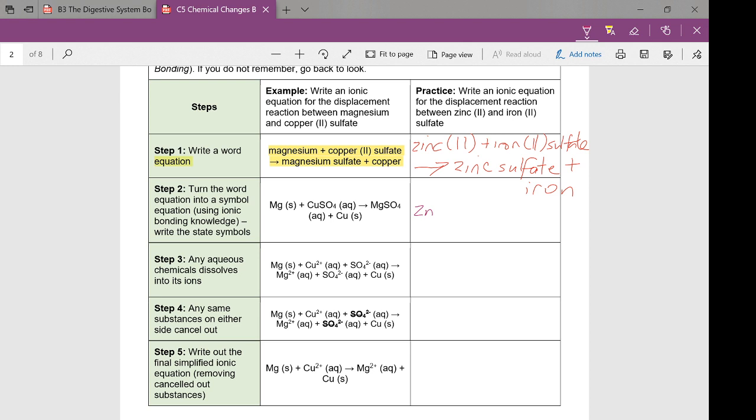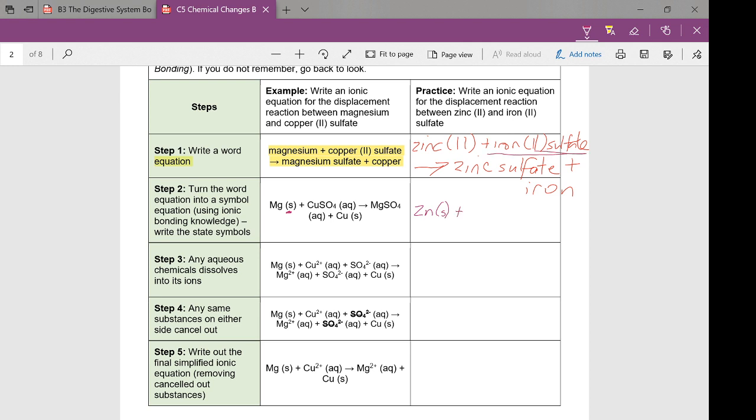So zinc, what kind of state symbol should I give it? S, L, G, solid, liquid, gas. What is it for zinc? S, very good. So I'm going to write that zinc is solid.